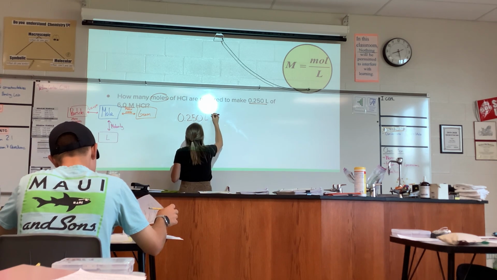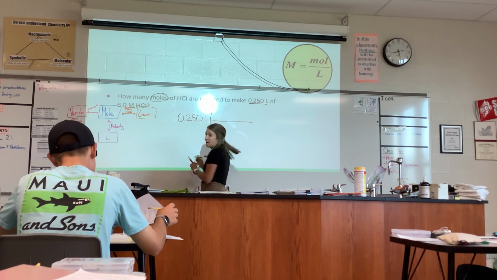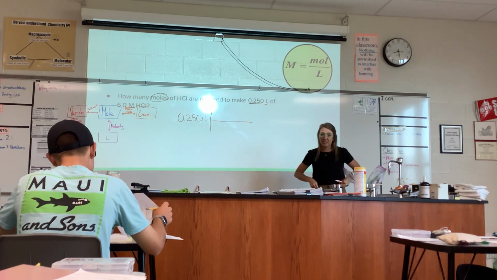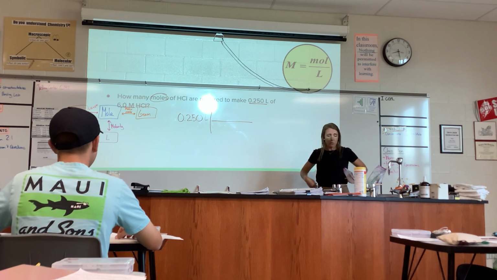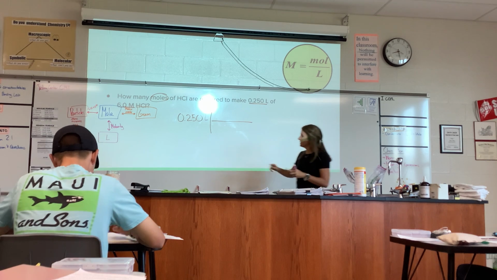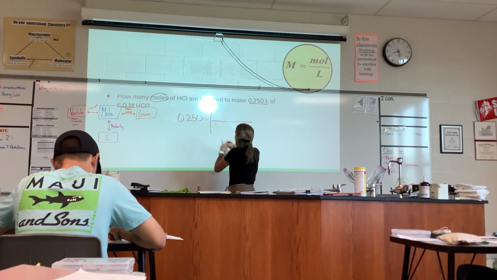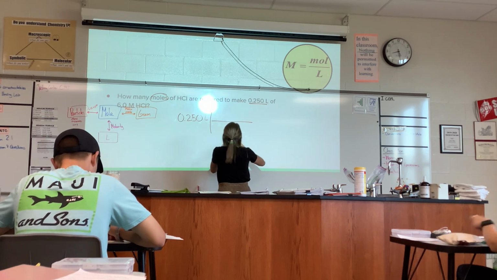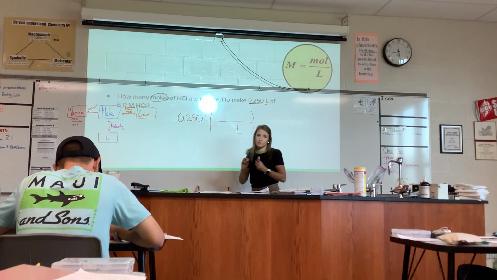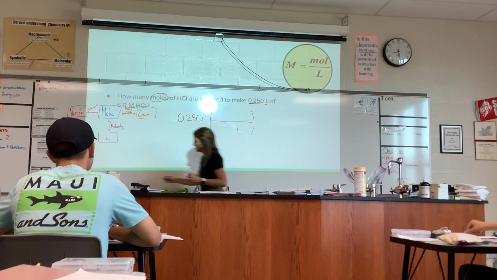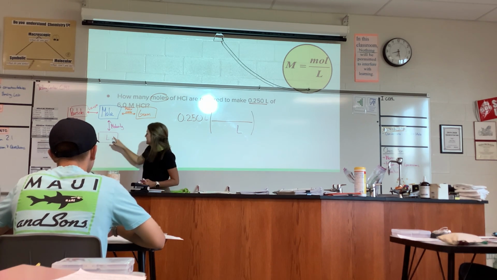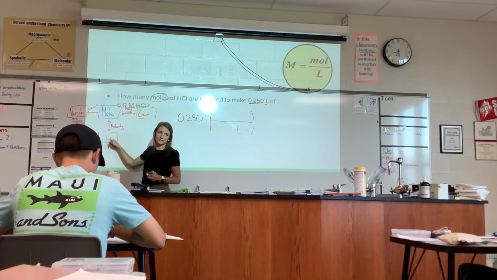Now set up our fraction. How do I know what goes on the bottom of the fraction? Liters. Why liters? Because the diagonal pattern is always true. So liters is on the bottom, and what am I trying to change liters into? Moles. And can liters and moles be connected? Yes.